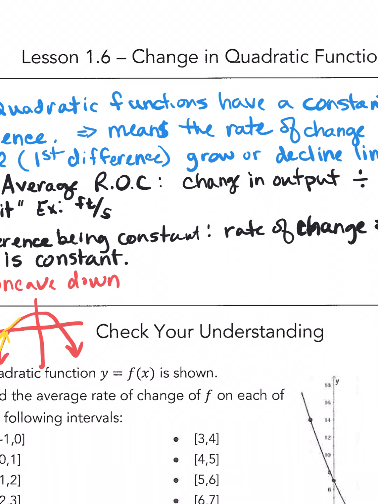It's steep, it's less steep, it's even less steep, it's 0, then it goes and increases again, doesn't it? So for something to be concave down, if we look at the average rate of change, it is going to be decreasing, and then it will be what? Increasing, won't it? So the average rate of change is decreasing, okay?